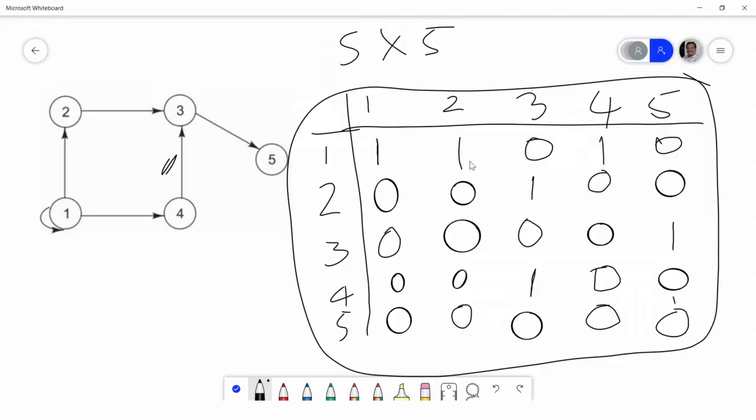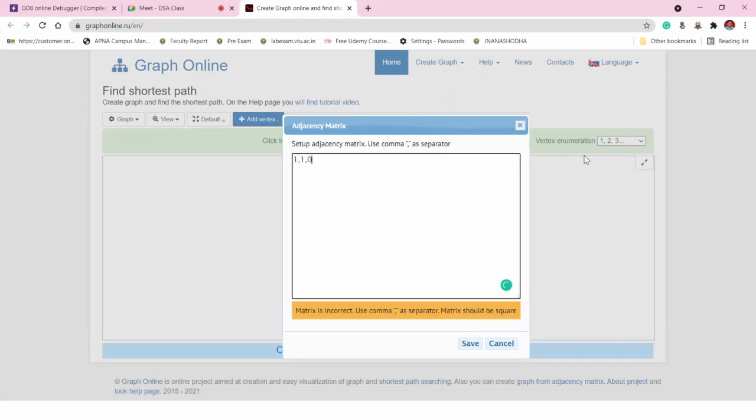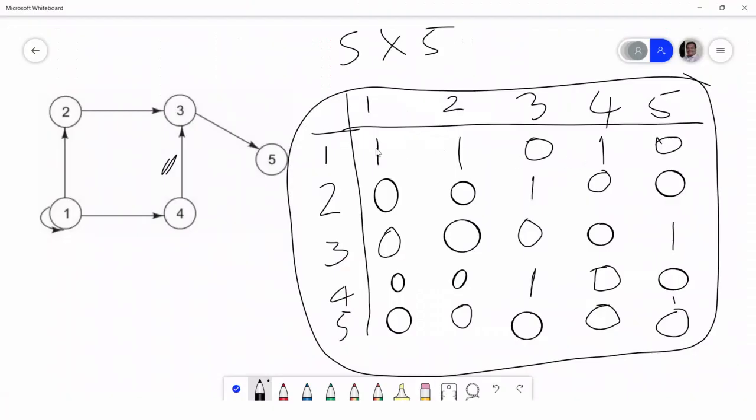So 1 comma 1 comma 0 comma 1 comma 0. That's what we have written. Next, 0 0 1 0 0.